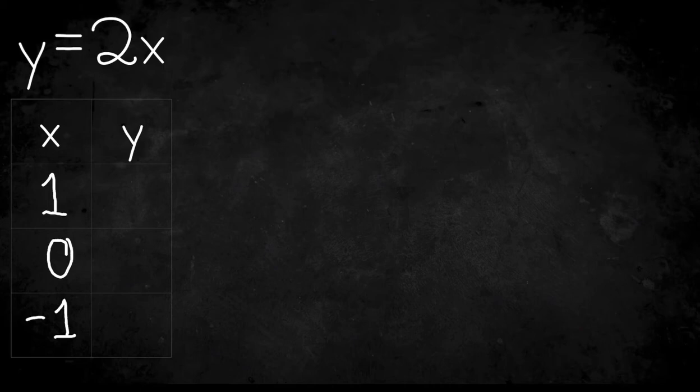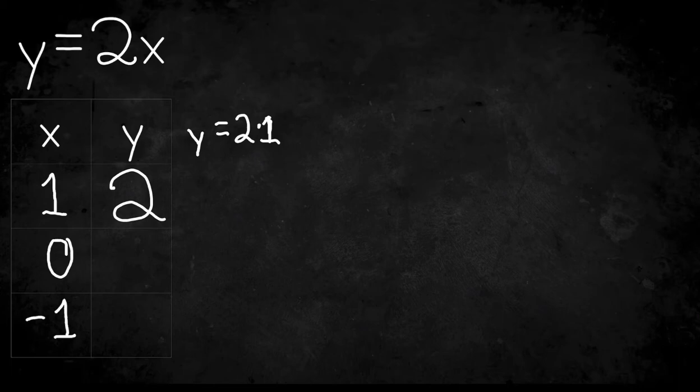So first, in the case that x equals 1, we have y equals 2 times 1, and 2 times 1 is 2. Next we have x equals 0.